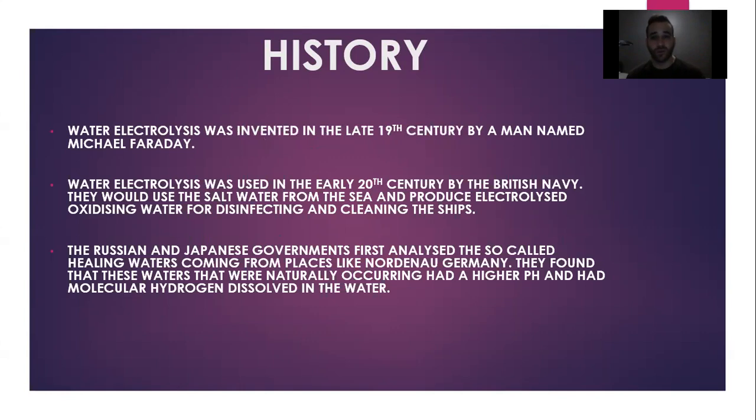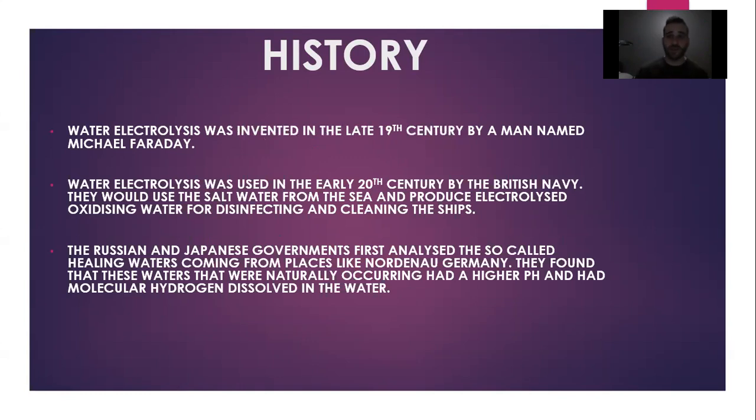Northern Germany has a natural spring that is one of these known healing waters or natural miracle water locations around the world. Other examples are Tlacote, Mexico, I'm not sure if I'm saying that correctly, and Lourdes, France would be another example.